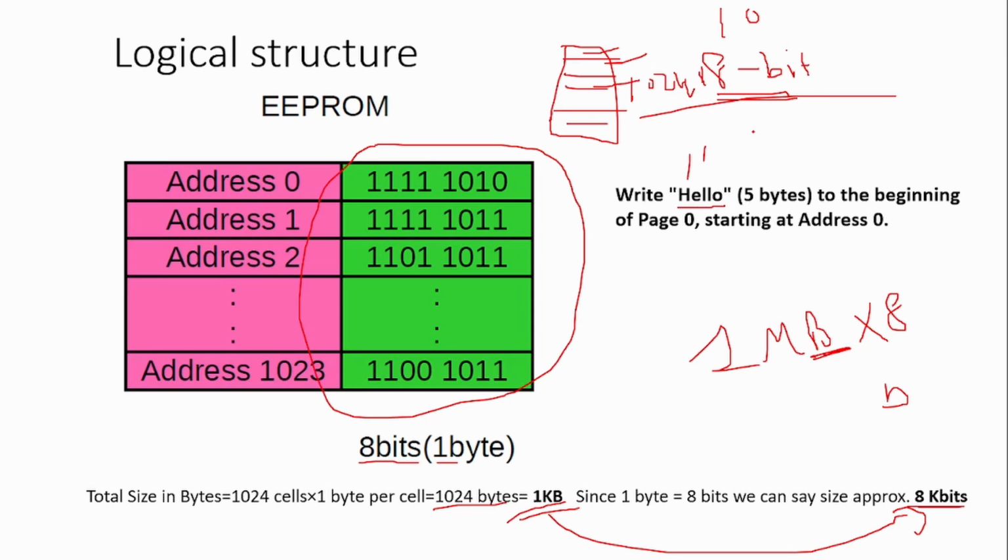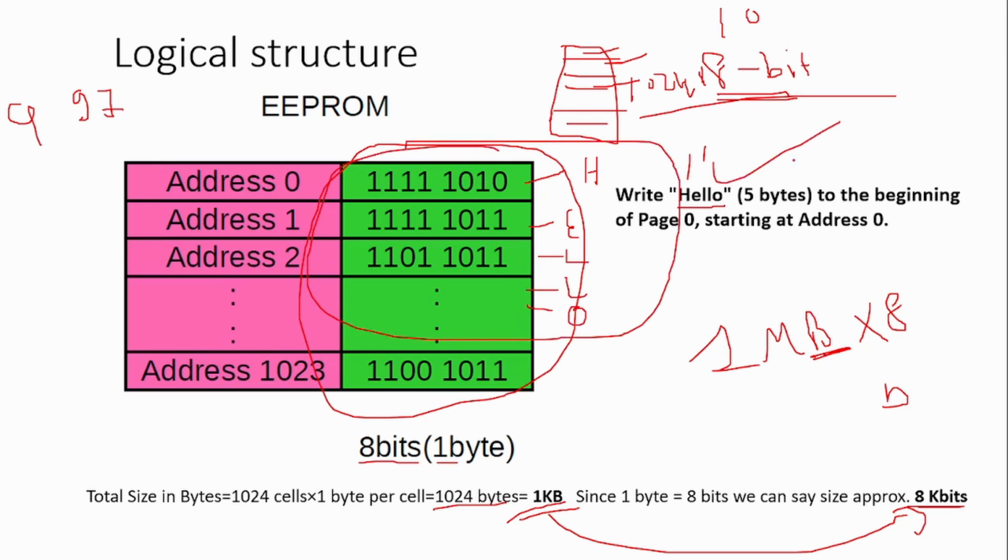Each character can be represented as a hexadecimal number. For example, in ASCII, small a is represented as 97, if I am not wrong. In the same way, each character has some fixed hexadecimal number. So if I want to write this hello message on the EEPROM, each row will hold one character: H, E, L, L and O. So a total of 5 rows, or 5 bytes, will be occupied by this message.